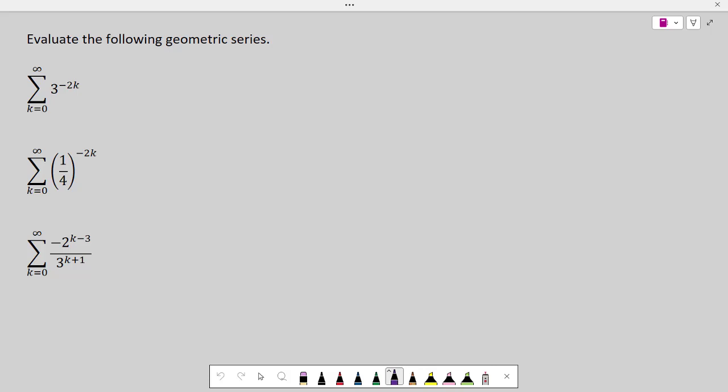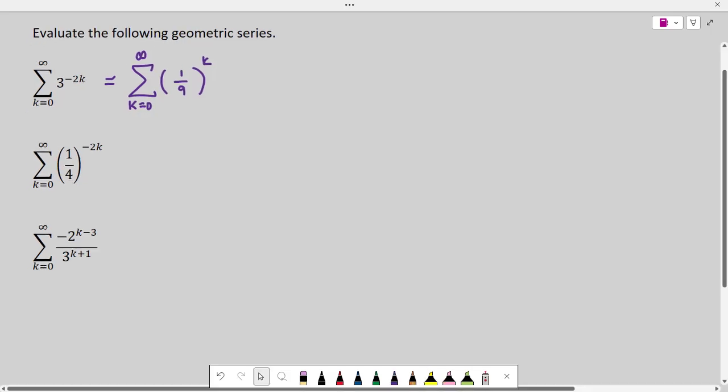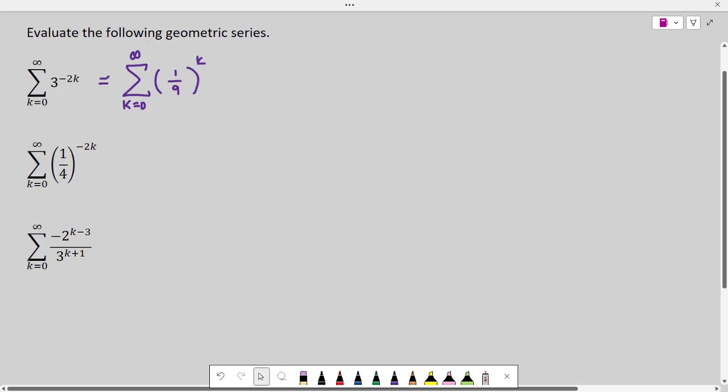Regardless of how you get there, you need to at least show that this is written in standard form as 1/9 raised to the k, where k starts at 0. We're going to use the part of the exponent that's right there, 3 to the negative 2, that's a 9th. So that's how we would write it in standard form.